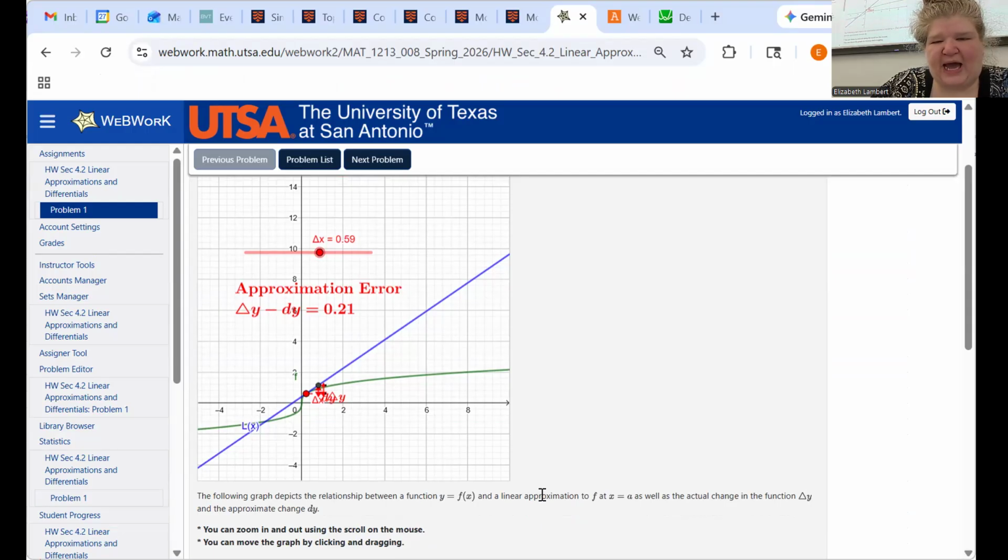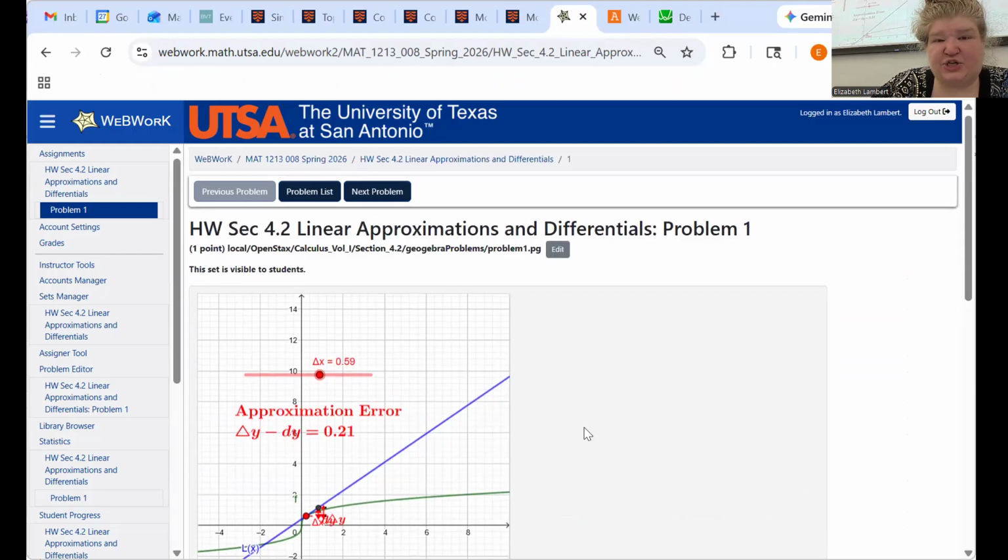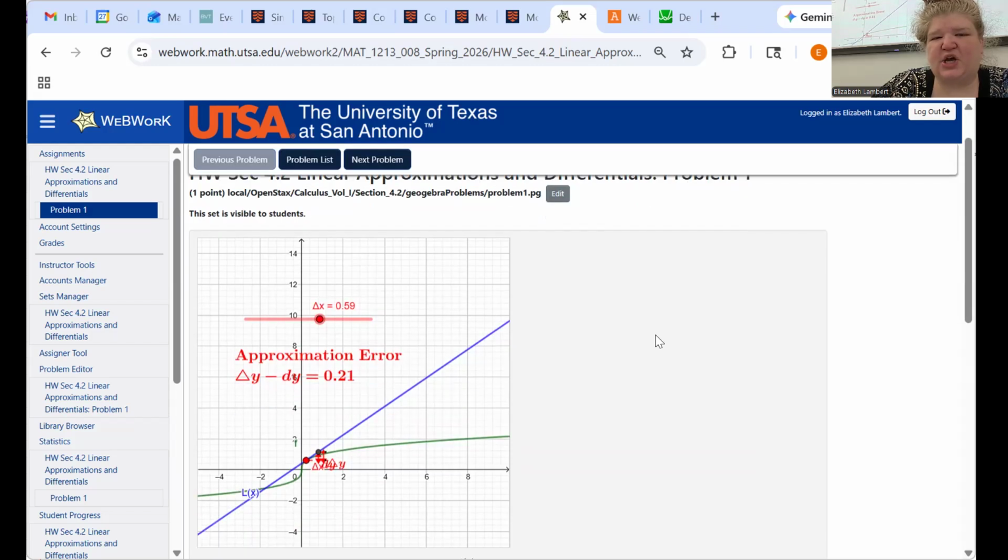The two big ideas brought up in section 4.2 are linear approximations and differentials. A differential is the dy and the dx notation that we were using. A linear approximation is the change between two y values.